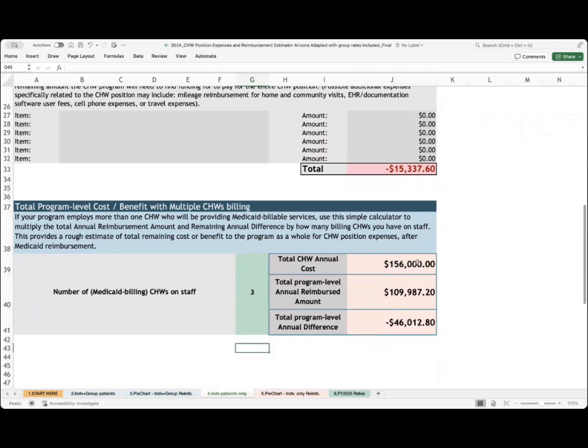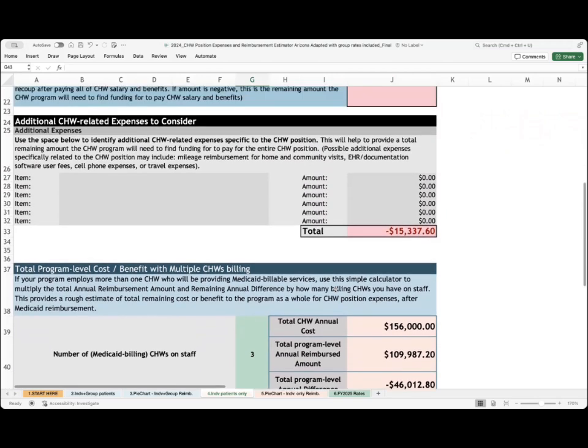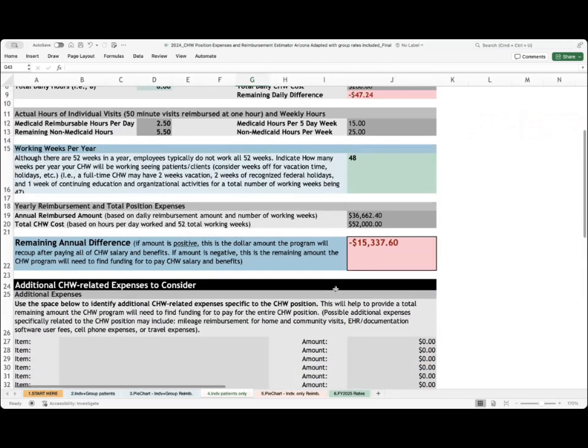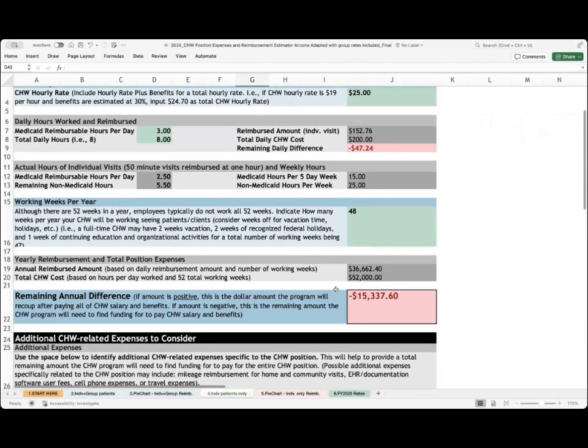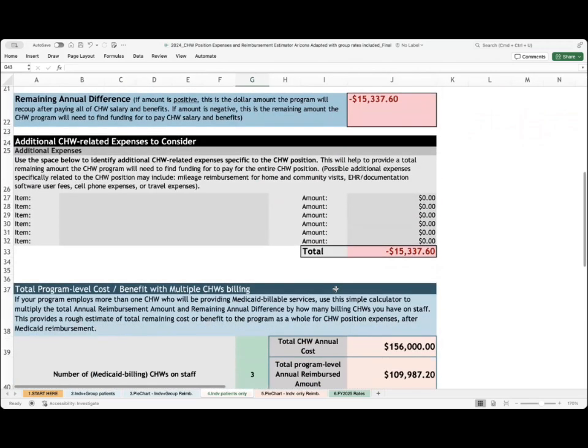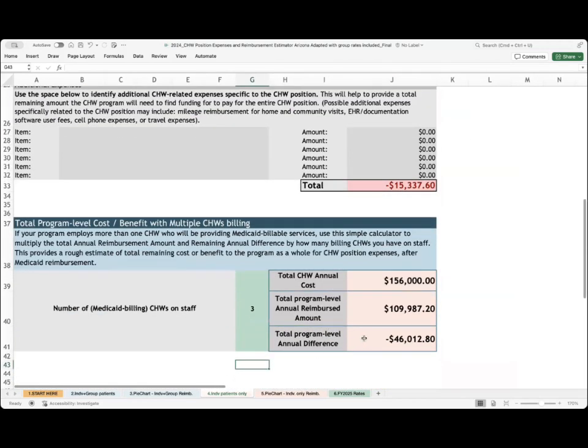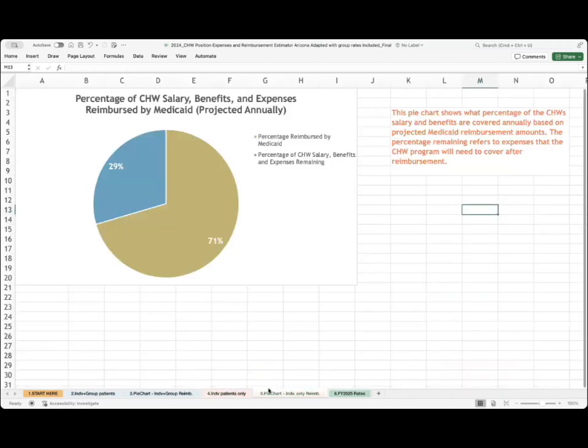So again, annual cost for 3 CHWs, annual reimbursement for 3 CHWs doing those individual visits, which we estimated at 3 hours per day, and then the total program level difference. So if we go to our corresponding pie chart in pink on tab 5, we can see that 71% of the expenses would be covered by the Medicaid reimbursement.